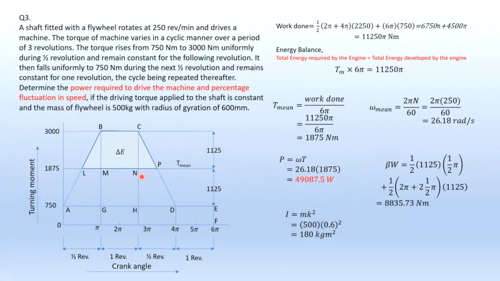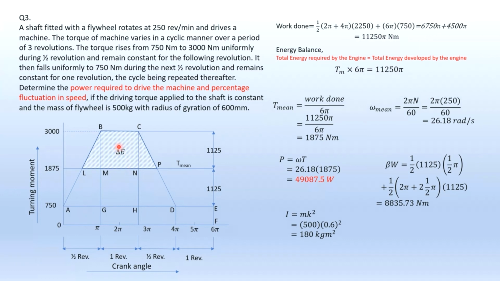To find out this area, remember this is a trapezium again, so you can use whatever I have considered on top here. You can consider half multiplied by this length here, 2 pi, plus this length here, which is 3 pi. Is it 3 pi? So 2 pi here, and half a pi here because this is 1 pi and this is 1 pi. So based on the geometry, this should be half a pi and half a pi.